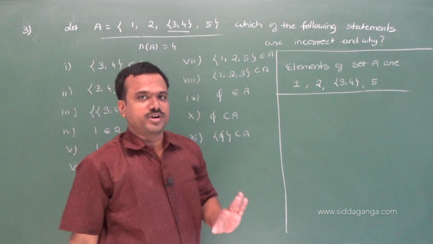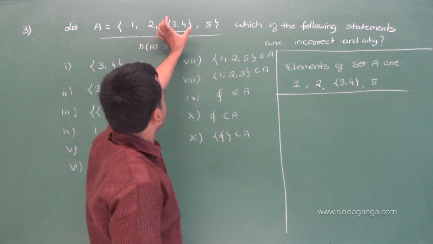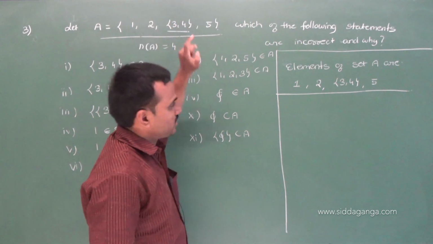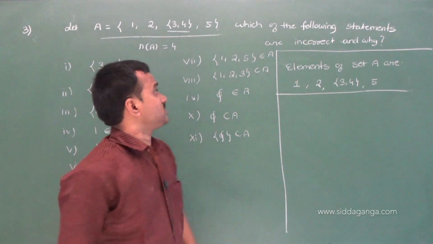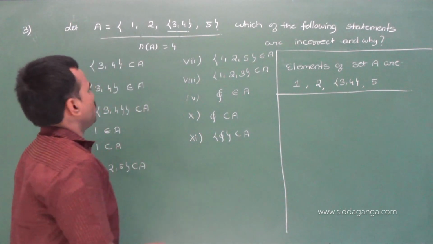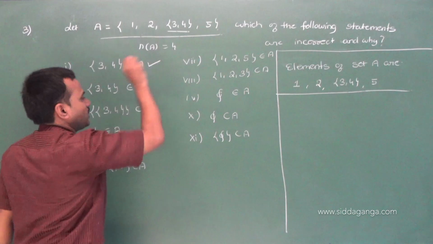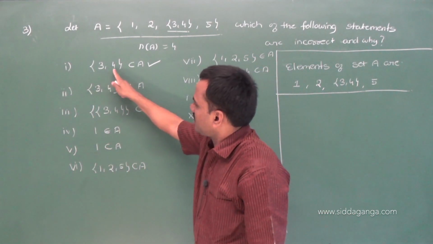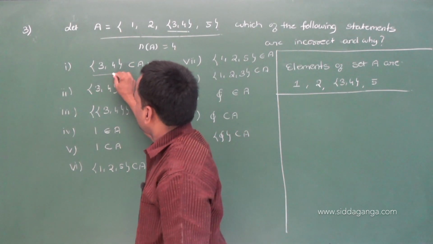This is very important. The elements of set A are 1, 2, and this whole set, the pair of curly brackets 3, 4. That is also an element, not a set. It is also an element. 5 is also an element. So first question, observe carefully. 3, 4 is a subset of A. This is nothing but a set.